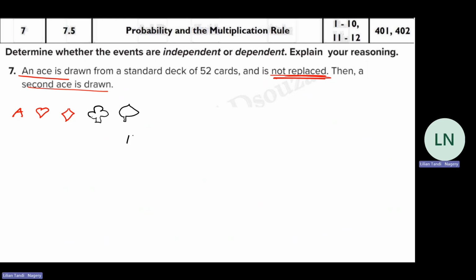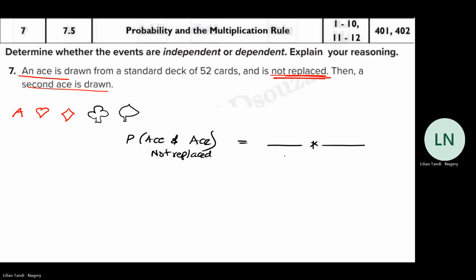So probability of an ace and ace, but not replaced. So this is dependent, which is equal to 4 over 52, 3 over 51. Not replaced, the numbers reduce, okay? How do I know I have second?